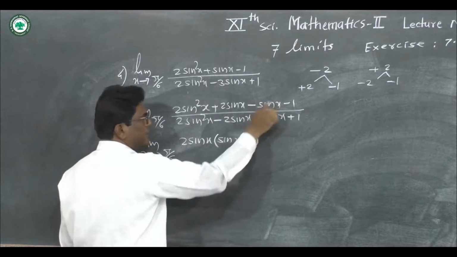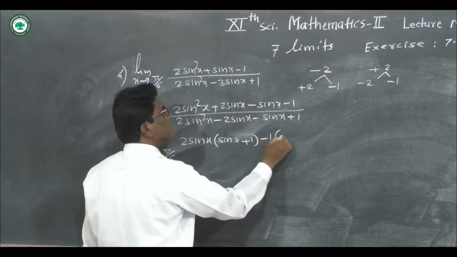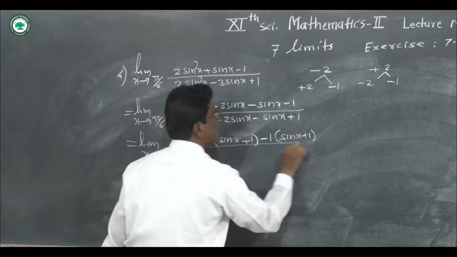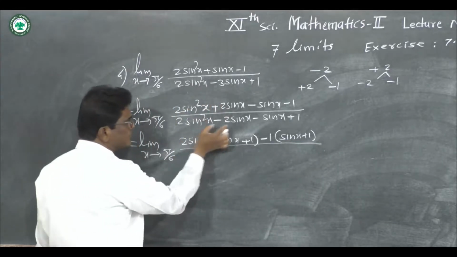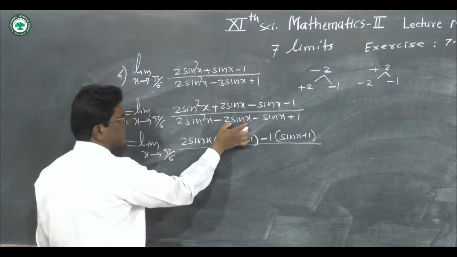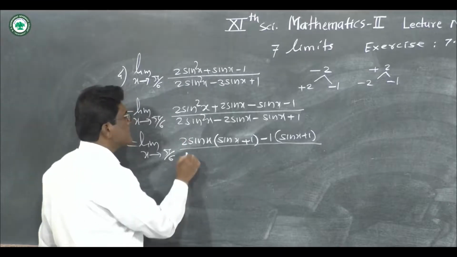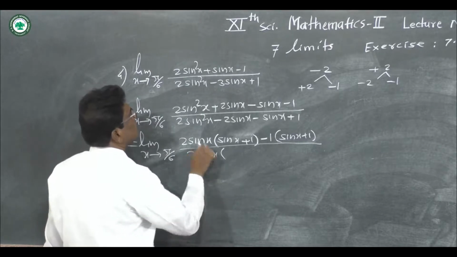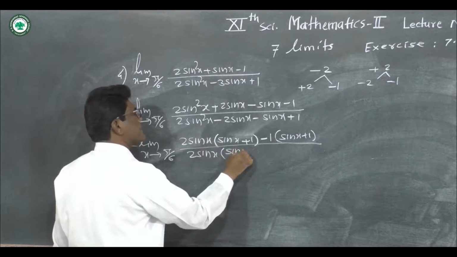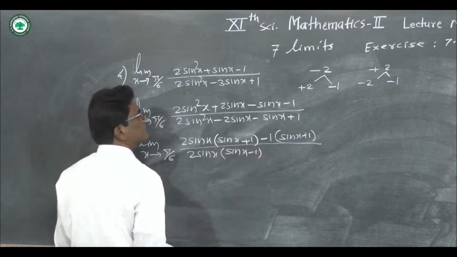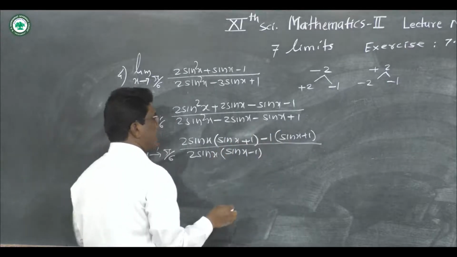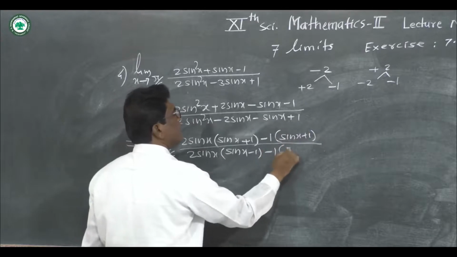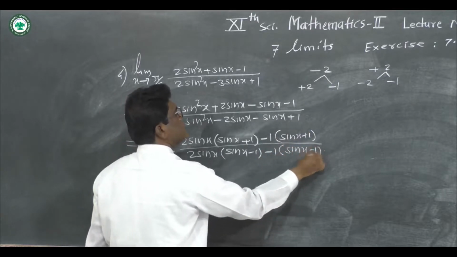Now here we take minus 1 common, so minus 1 in the bracket sin x plus 1, divided by, here also take 2 times sin x common, so 2 times sin x in the bracket, here remains sin x minus 1, and now from these two terms take minus 1 common, in the bracket sin x minus 1.